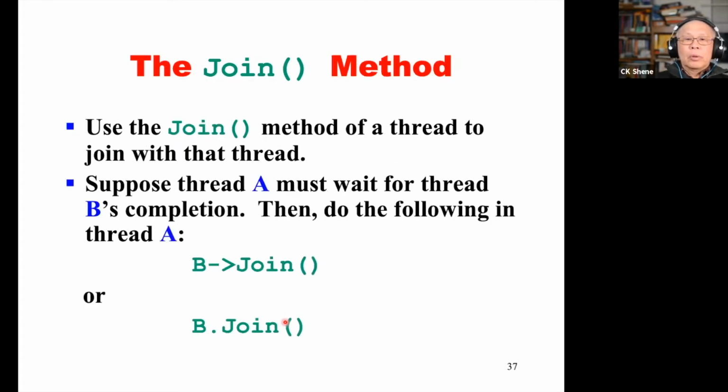So as we mentioned, we use the join method for a thread to join with that thread. So suppose thread A must wait for thread B to complete.